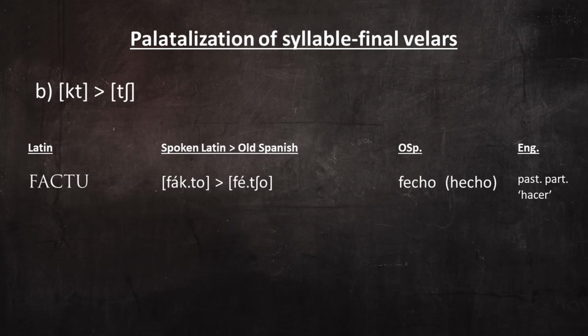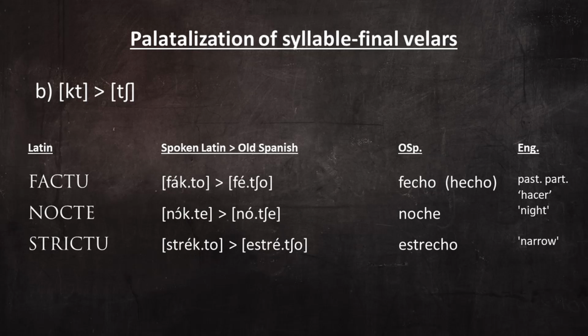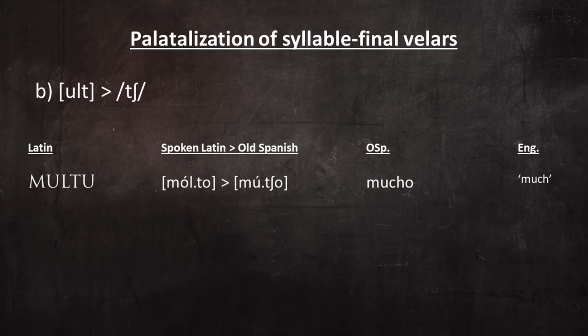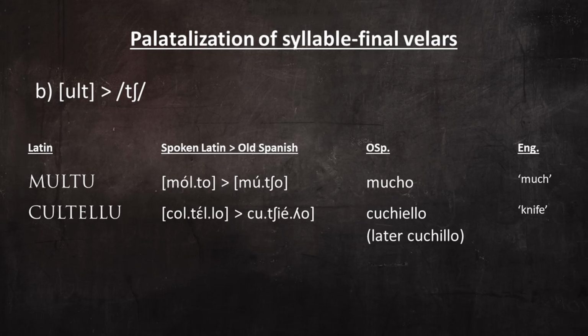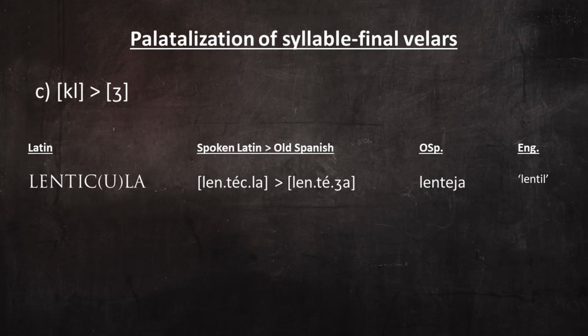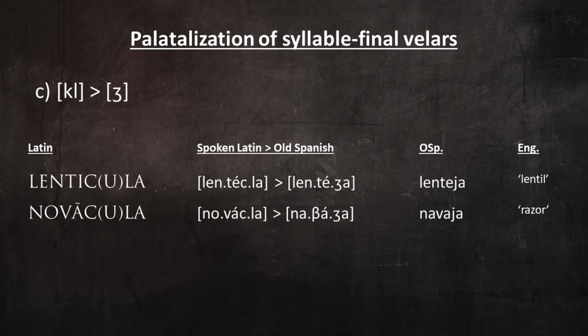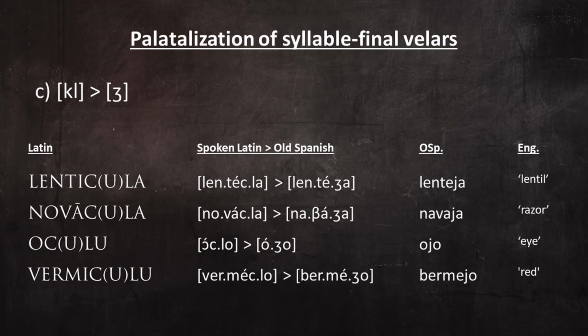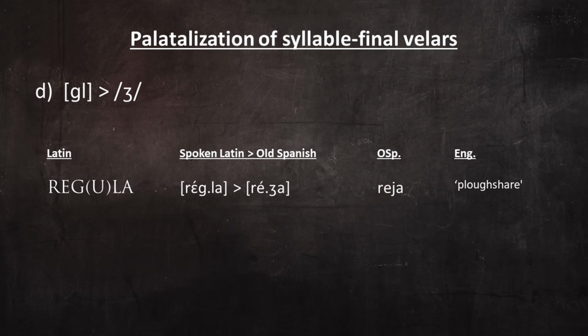Facto became fecho, nocte became noche, enstrecto became estrecho, molto became mucho, and coltello became cuchillo. Lentecla became lenteja. Novacla became navaja. Oclo became ojo. And vermeclo became bermejo. Regla became reja. And tegla became teja.